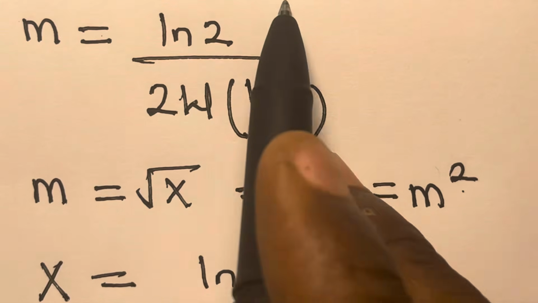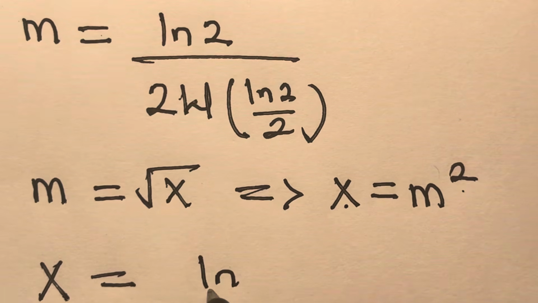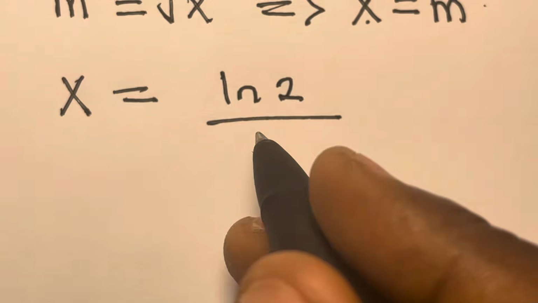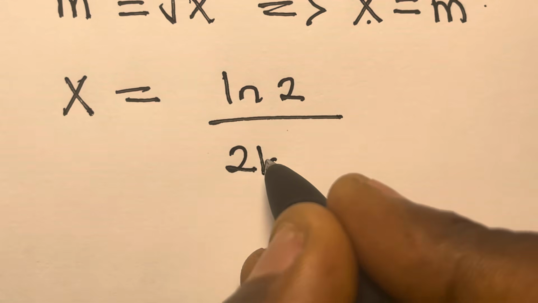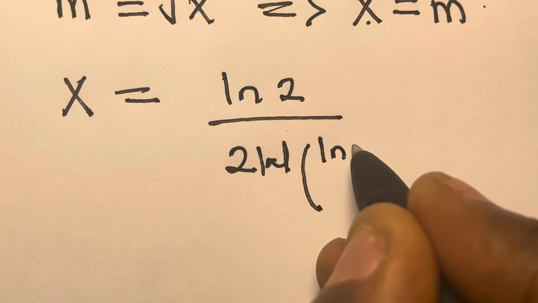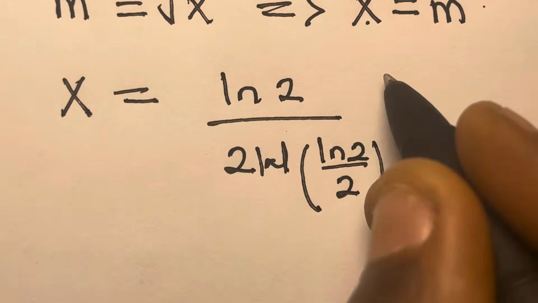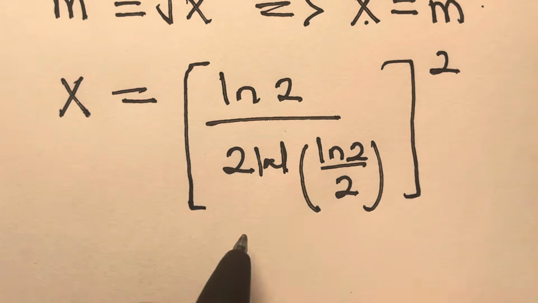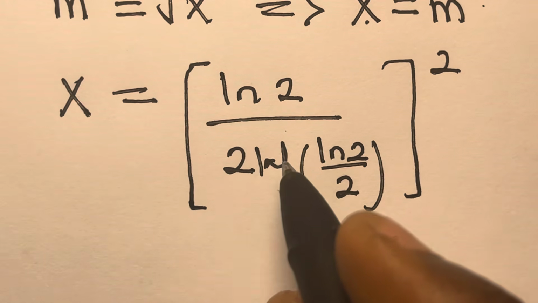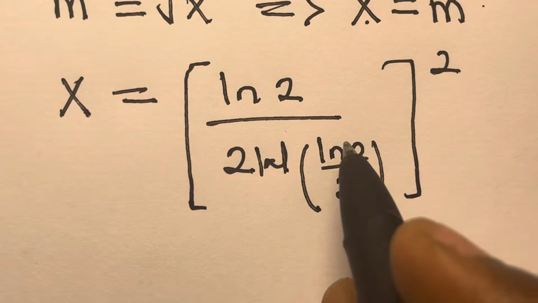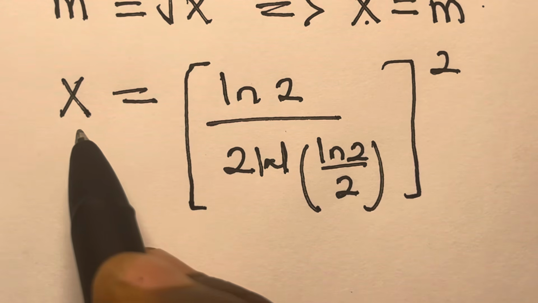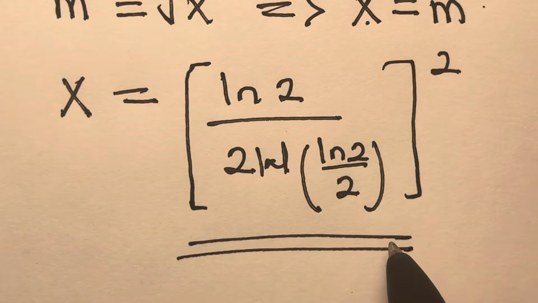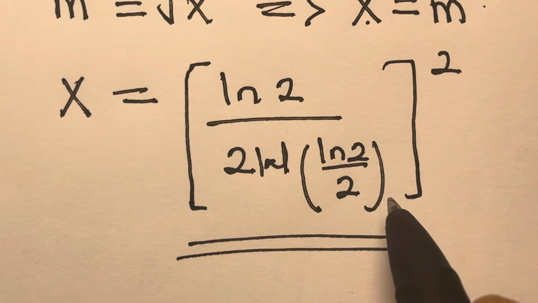So this is m, so we have to square this to get our x. So we have ln 2 divided by 2 times the Lambert function of ln 2 divided by 2, all squared, right? So now if we use Wolfram Alpha, we are going to obtain a numerical value for this x. You can consider this as your final step.